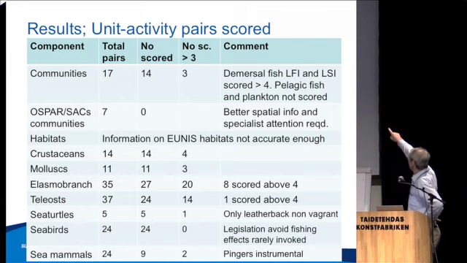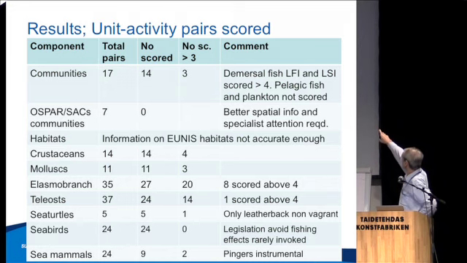And these are demersal fish, the large fish indicator and the large species indicator, which scored above 4. Those are in the MSFD requirements, so somebody's looking at them. What wasn't scored here were pelagic fish and plankton, so they're informed.